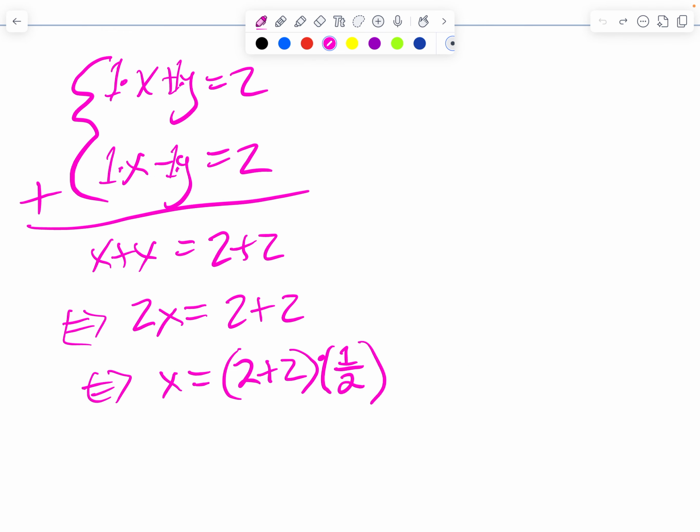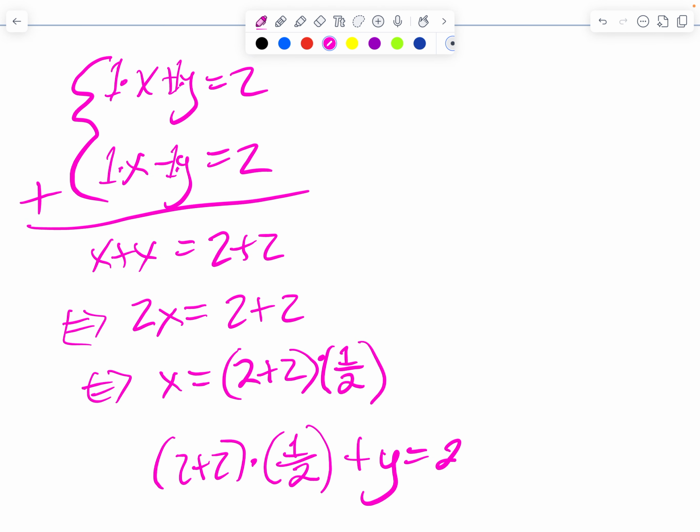Now, what is the y value? Well, if we use this as just a long-winded way of saying that, we can substitute in. Okay, oops, we have x, which is the same as this. Replace x with all of this stuff, and then we have a plus y equals 2.